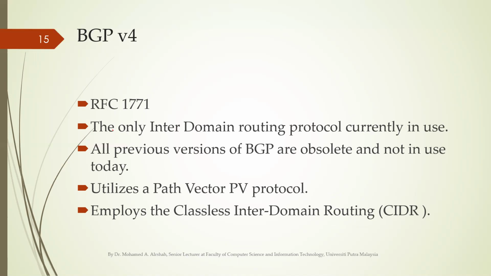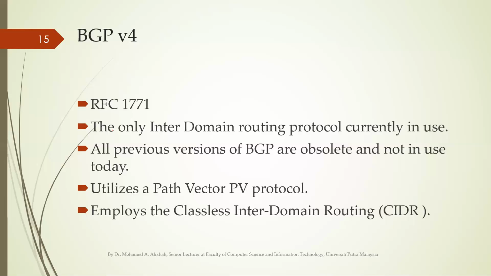BGP version 4 is under RFC 1771. It is the only inter-domain routing protocol currently in use. All previous versions of BGP are obsolete and not in use anymore. It utilizes a path vector protocol.